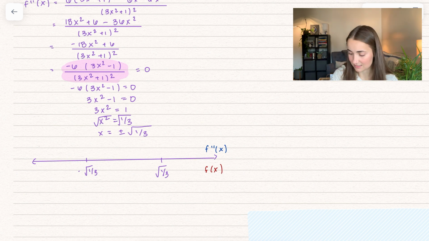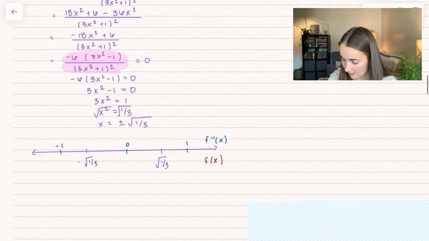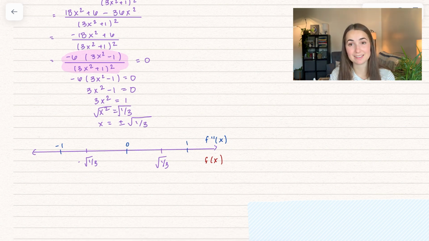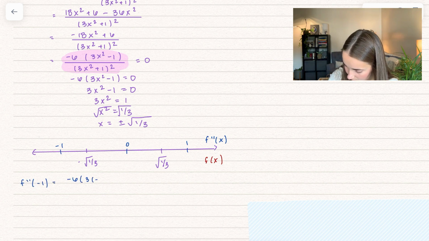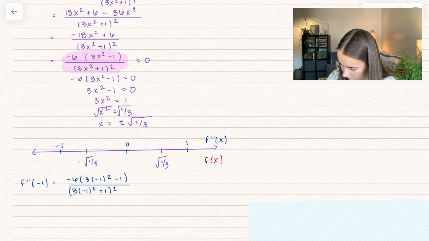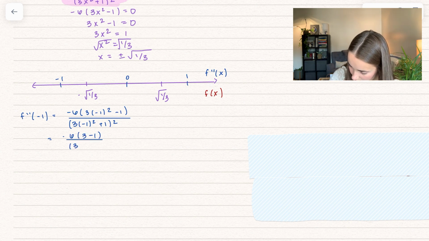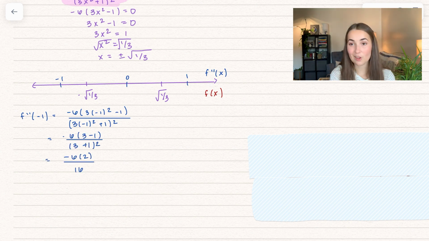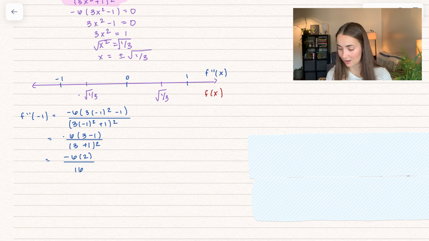Okay, let's take some test values. I'm going to choose -1, let's do 0, and +1. Those are nice ones to plug in. And remember, we're going to plug that back into the highlighted form. So I'm going to go ahead and do that. So I don't care to solve this all the way. All I care about is that this is a negative value.